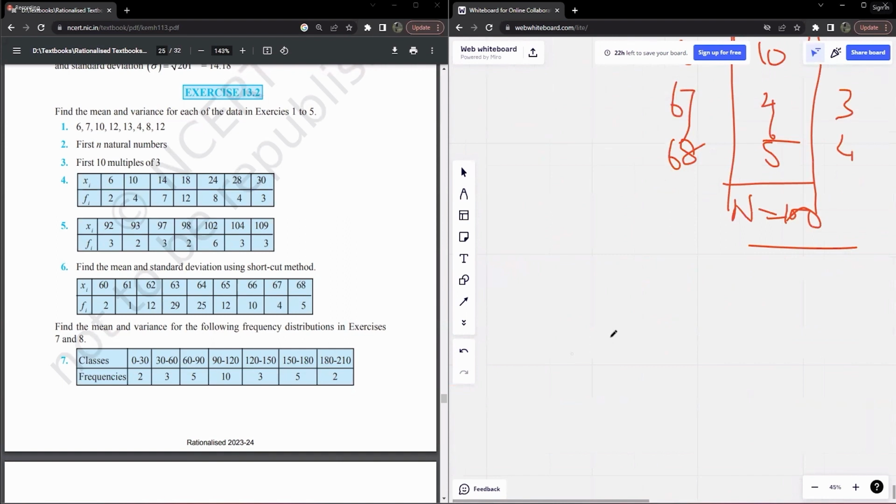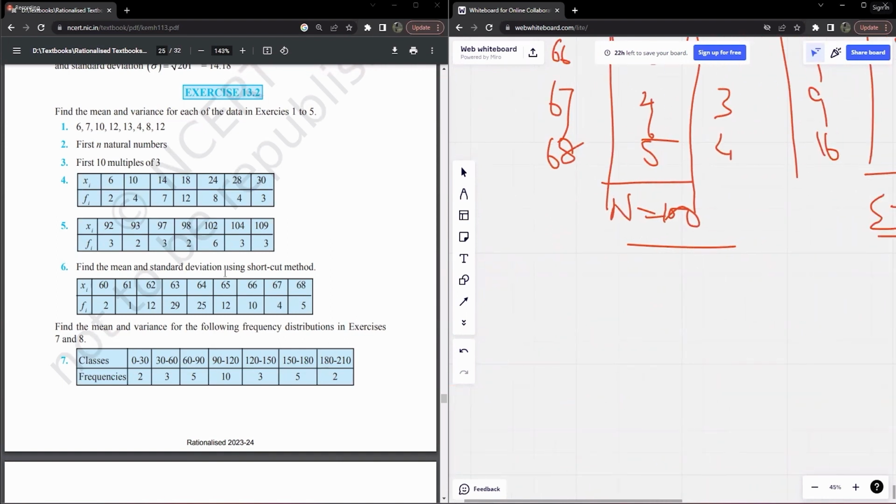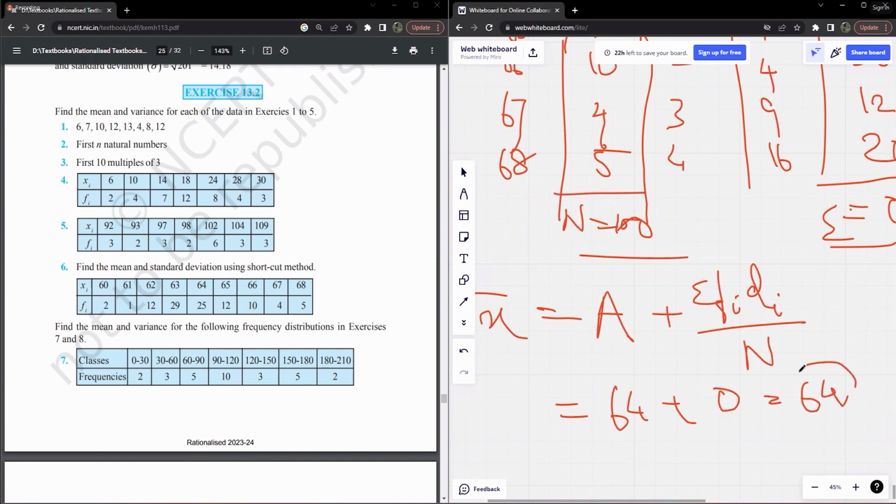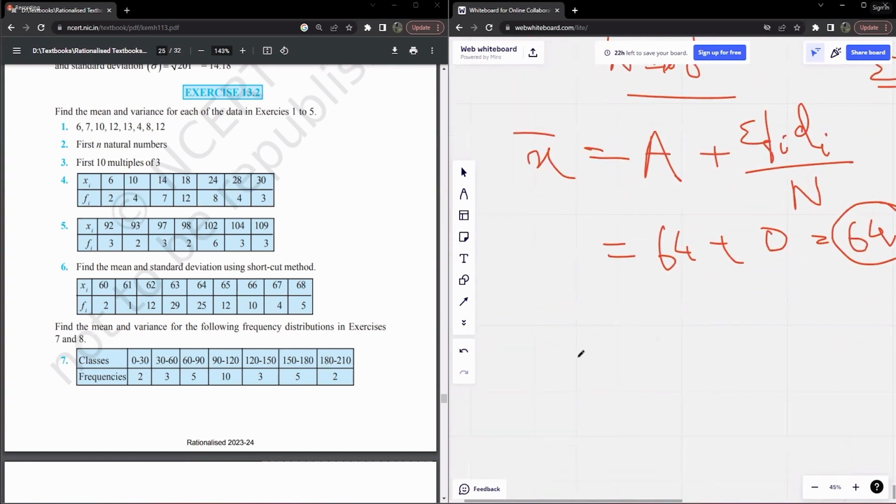Finally, using the shortcut method, right, your x bar is then equal to a plus sigma fidi divided by n, which is 64 plus 0, which is 64.7. Right.